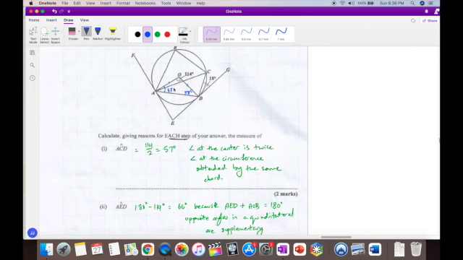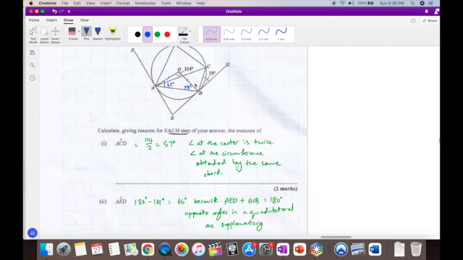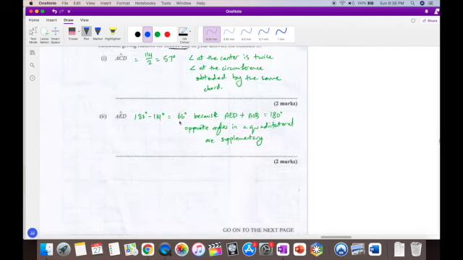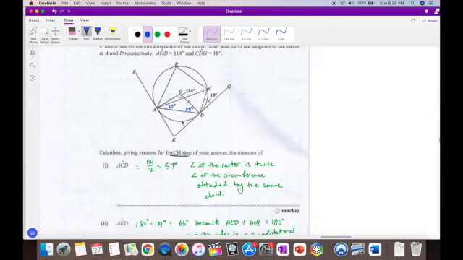How did I get 33? Because remember, there are 180 degrees in any triangle, and this is 114. So 180 degrees minus 114 gives me 66. That's what we just put here. So 66 means that 33 each, right?